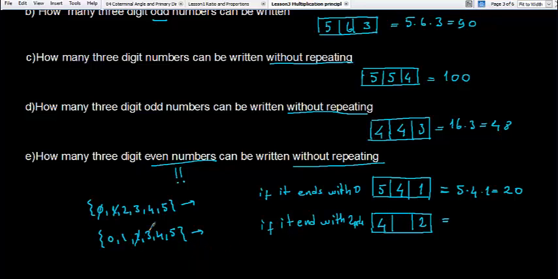Let's say we used 3 for the first digit, then we have 0, 1, 4, 5 for the second digit, and 0 is possible there, so we have 4 possible cases. It's 4 times 4 times 2, which is equal to 16 times 2, 32. And when you add 20 plus 32, there are 52 even numbers without repeating.